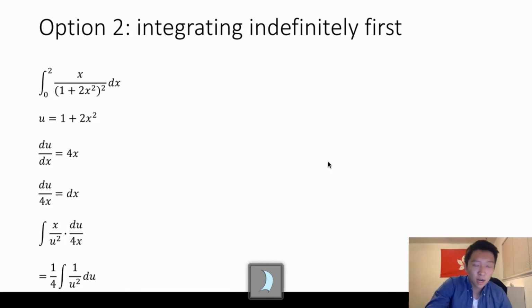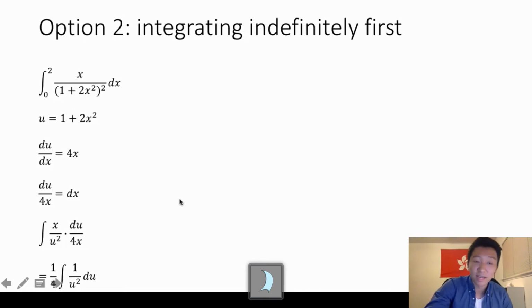Option 2 is to integrate indefinitely first. This is actually my preferred method because it saves you the step of rewriting the bounds. Essentially, this is the same as what we did for examples 1 and 2 for the indefinite integrals without bounds.